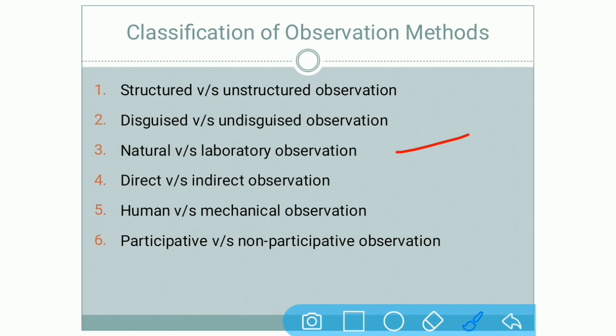Observation in field studies is in the natural setting and therefore undertaken in realistic conditions. That means if you haven't created anything and you are doing observation where things already exist, that becomes natural observation. And if you are creating an artificial setting, and in that artificial setting you are doing observation, it becomes laboratory observation.